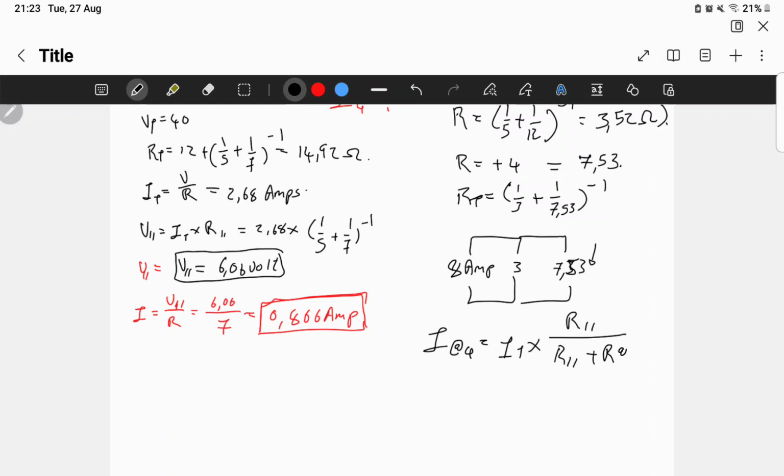So we have total current, which is 8 amps, multiplied by 3 over 3 plus 7,53, and we have a current there of 2,28 amps.